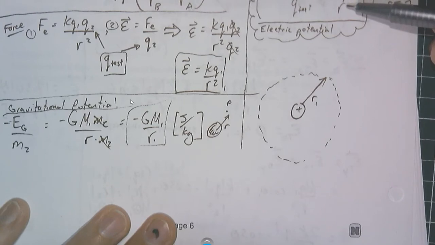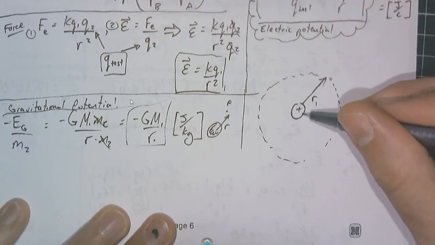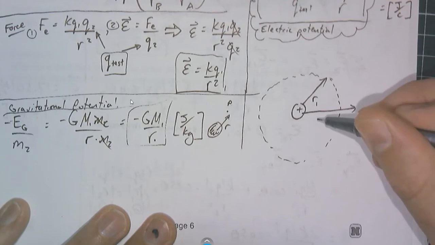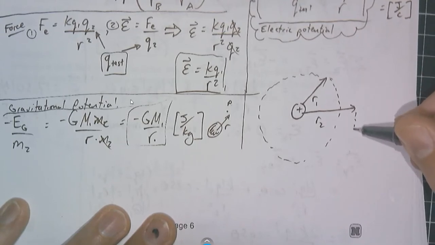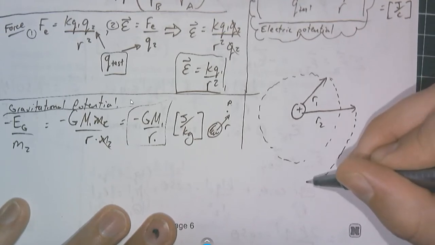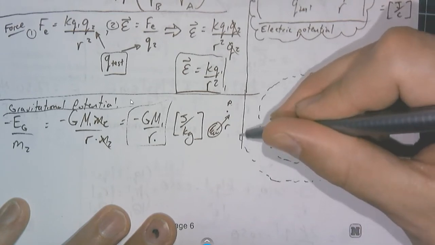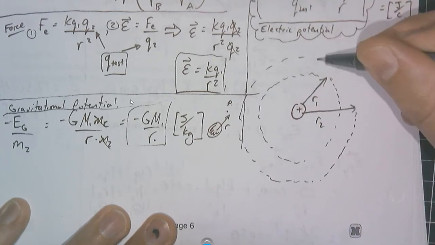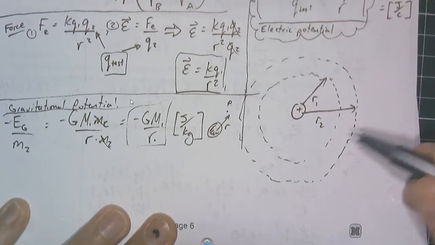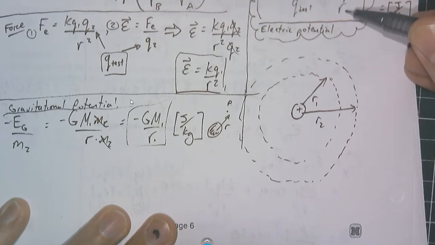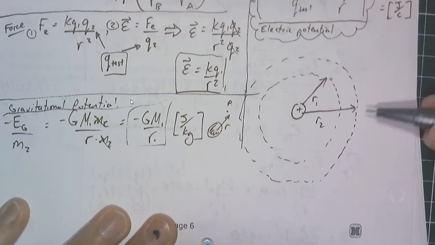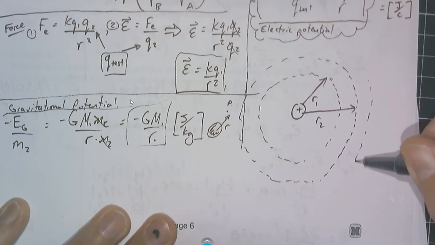Same electric potential. And anything that moves out to a distance, let's just call it R2, anything that is at a distance of R2 away from that proton would have an electric potential associated not with R1 anymore, but with R2. And you could keep on going. You could keep on having more and more rings, right?